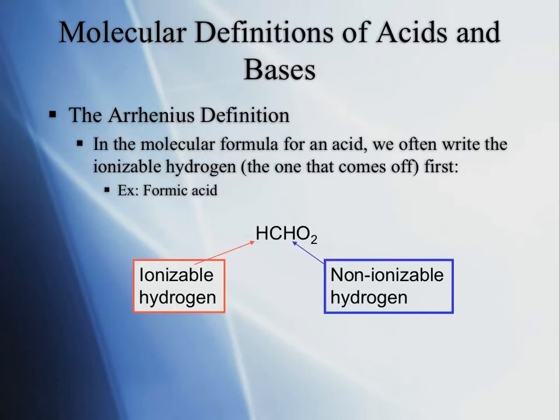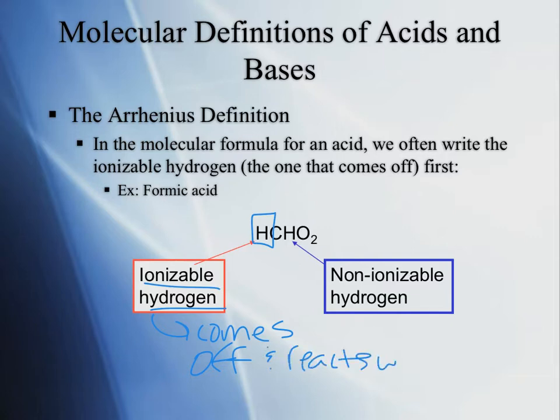All right, so when we see the molecular formula for an acid, we're always going to see an H out front. And this H out front is what we call the ionizable hydrogen. That's the one that comes off. So that dissociates and reacts with water to make that hydronium ion.